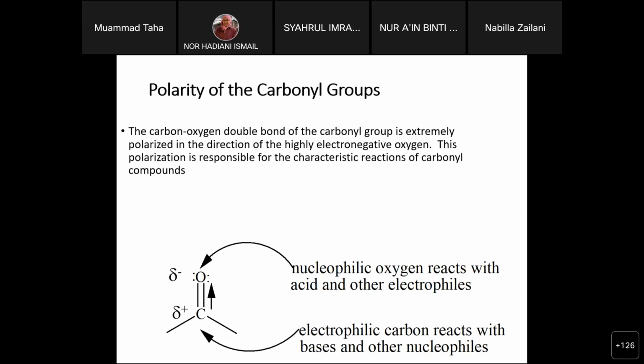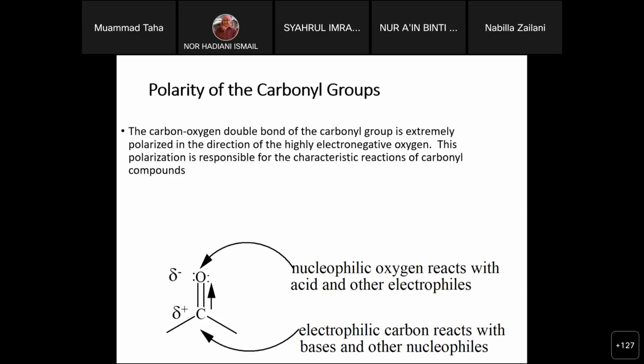You must master how we can see which compounds are polar and which compounds are not polar. So always remember that electronegativity is important to know about the compounds. If you know the electronegativity chart of all the elements, you will be able to see that oxygen is highly electronegative as compared to carbon.